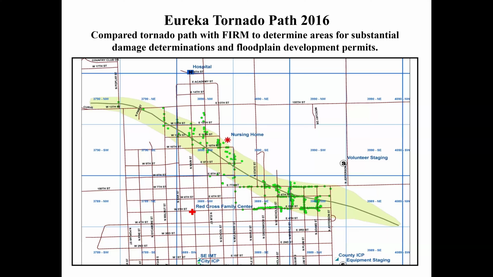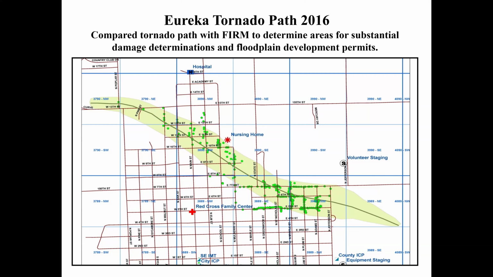The city put together a map that shows the floodplain parcels, the structures in their floodplain, and then they overlaid it with the tornado path to evaluate the scope of what they would have to assess. All of the houses that have been damaged by this tornado that are in the floodplain have to be assessed. And that's basically step 1.